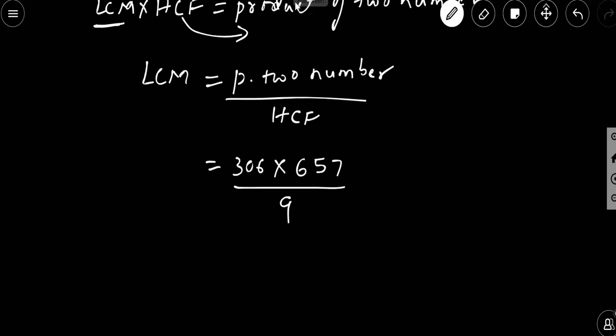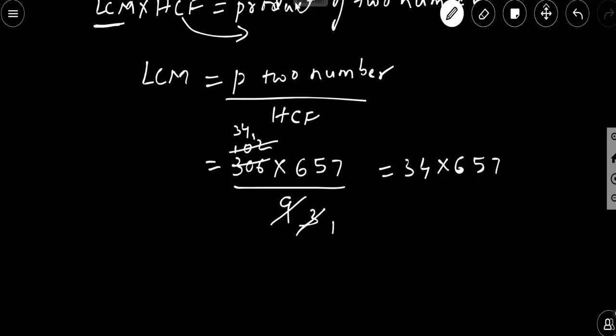So it is easily divisible in the table of 3. So 3 3s are 9, 3 1s are 3, 0. I will take 3 2s are 6. Again it is divisible in 3 tables. So 3 1s are 3, 3 3s are 9. So 1 is left out, it becomes 12. So 3 4s are 12. So how much are you going to get here? 34 into 657.